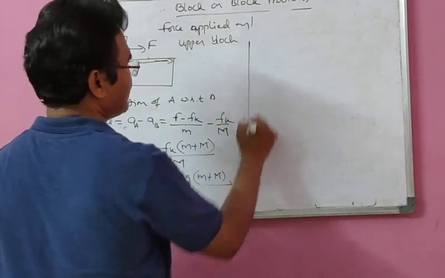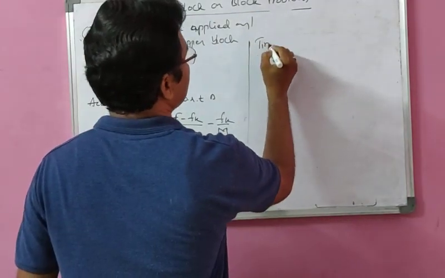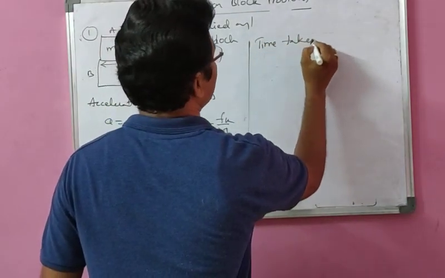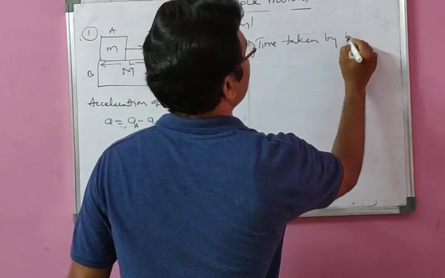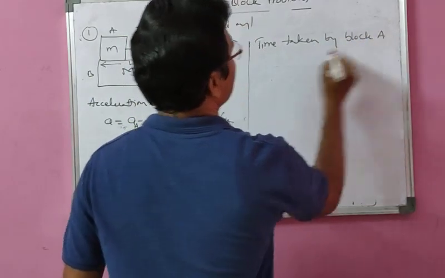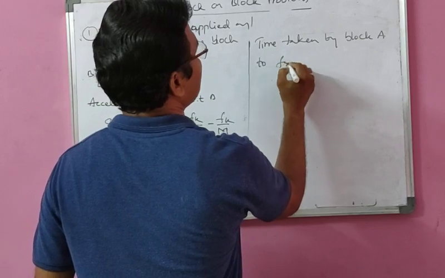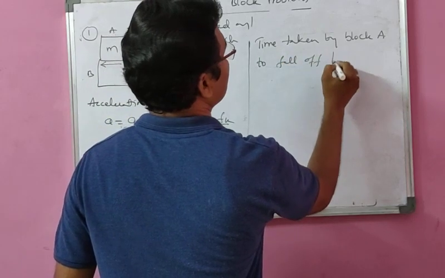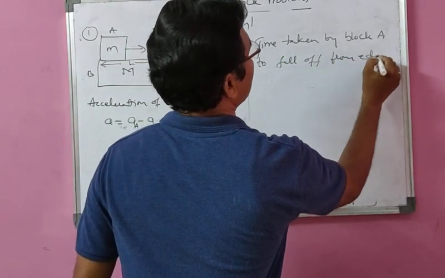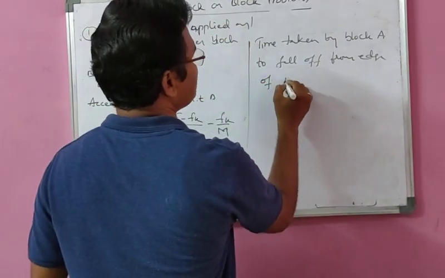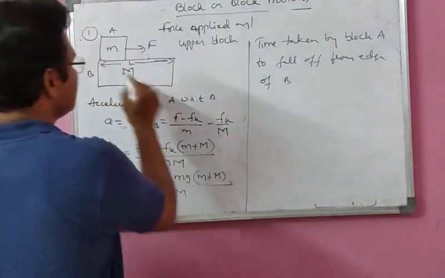Then what can we calculate here? The time taken by block A to fall off from the edge of B. So this is the length here.